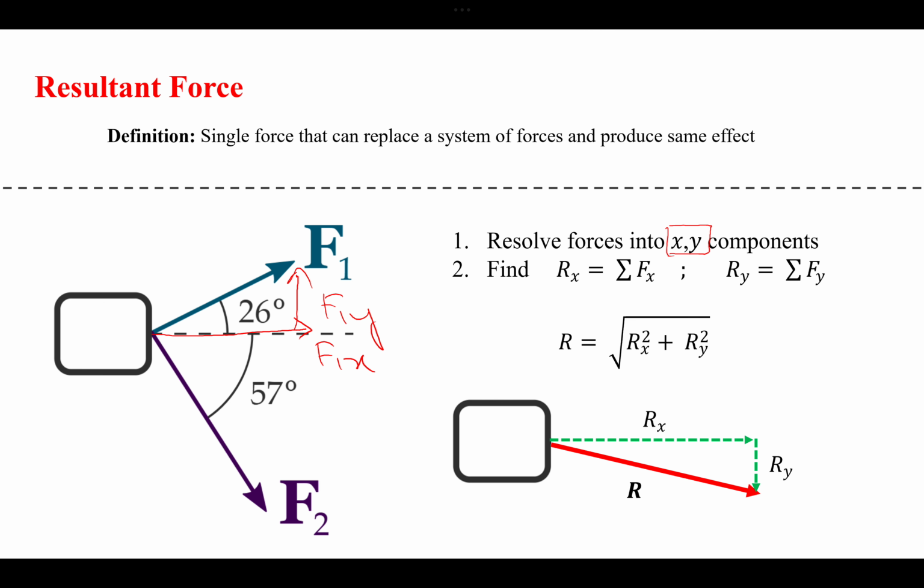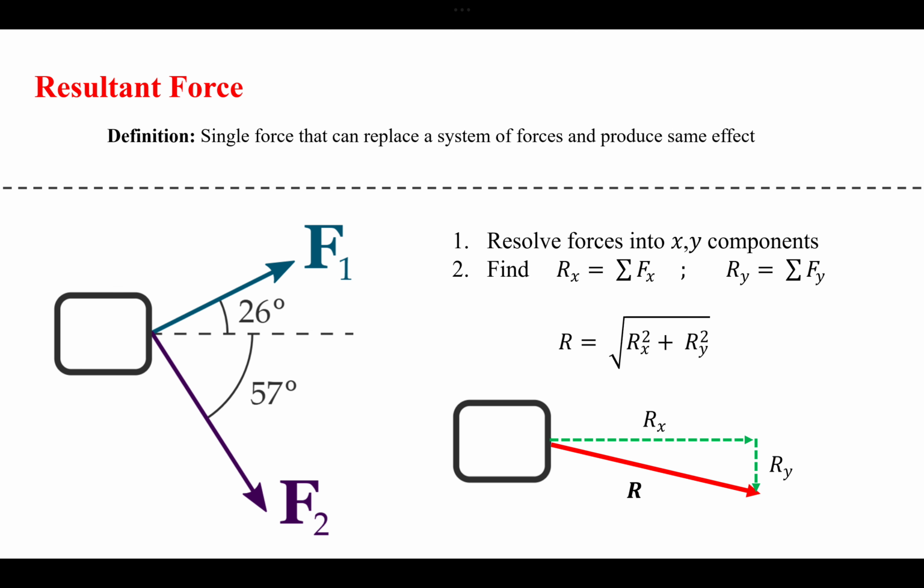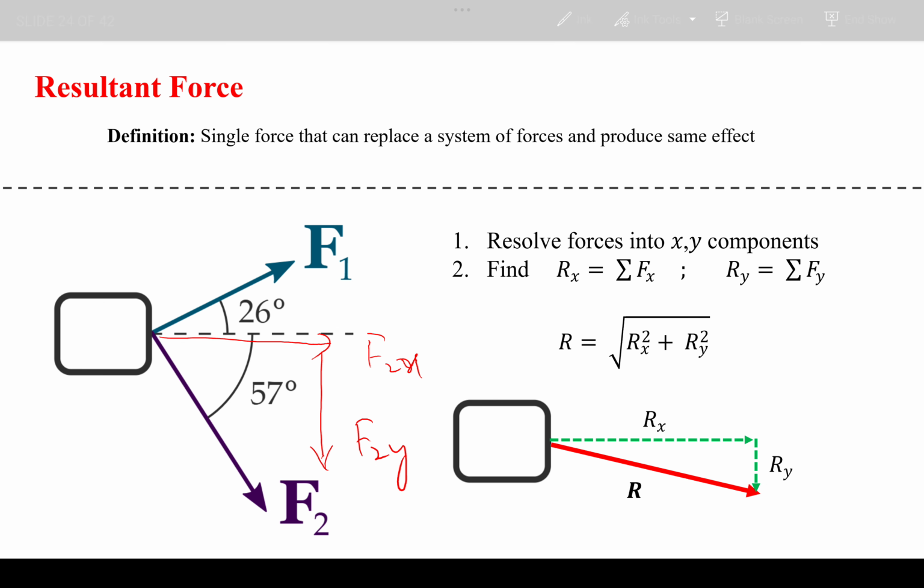Okay, and similarly F2 also has two components. One is the x component which we can mention as F2x, and one is the y component, F2y. Okay, so there are a total of four components in this case. Two are the x components and two are the y components.